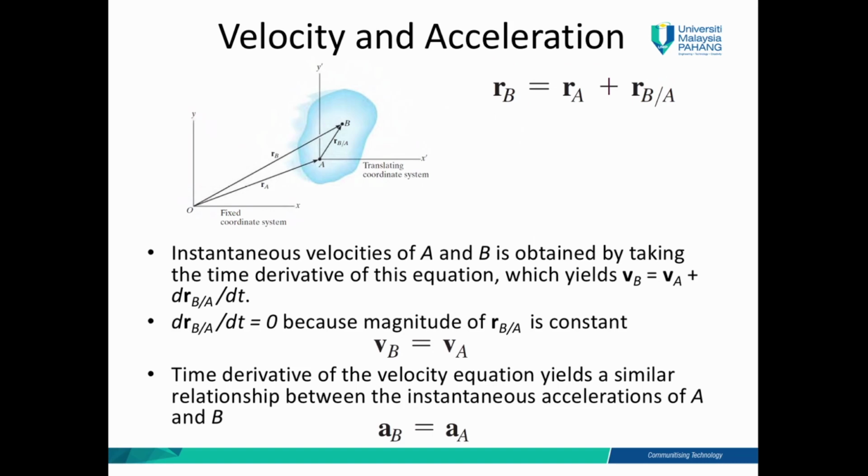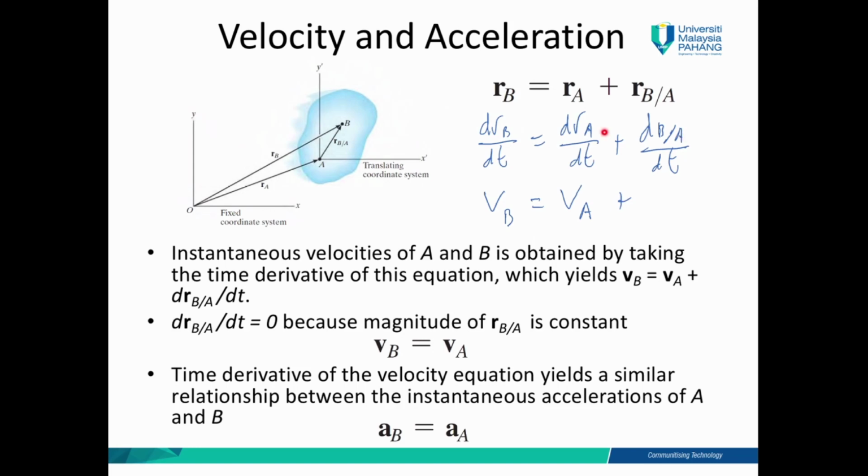You will get dR_B over dt is equal to dR_A over dt plus dR_B/A over dt. So dR_B/dt is the velocity of B. dR_A/dt is equal to the velocity of point A.